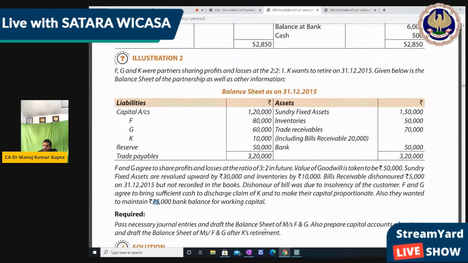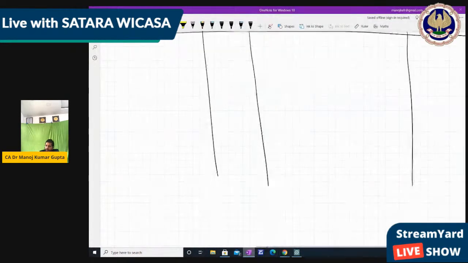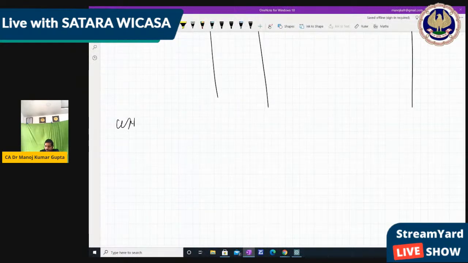First, their profit ratio is 2 to 1 and the new PSR is 3 to 2. That means we have to calculate the gaining ratio, right? So working note number 1: calculation of gaining ratio.